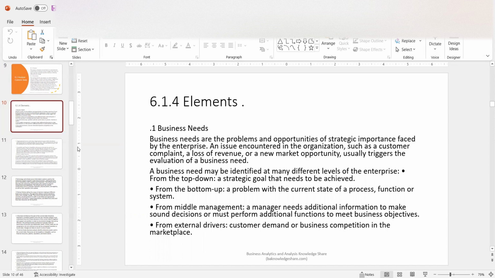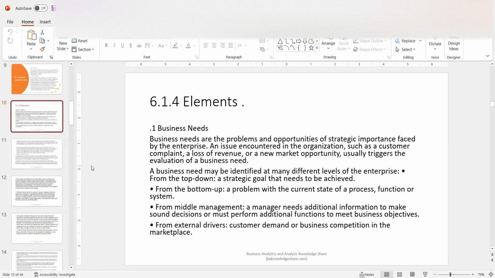Examples of some of these: from the top-down approach, there may be some sort of regulatory changes that are happening that the company needs to be aware of and implement, such as a tax change or a change in the amount of loan that is given to customers. Those are the sorts of changes that would come from top down.